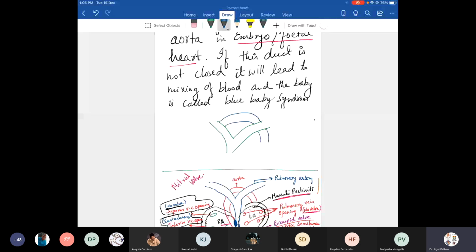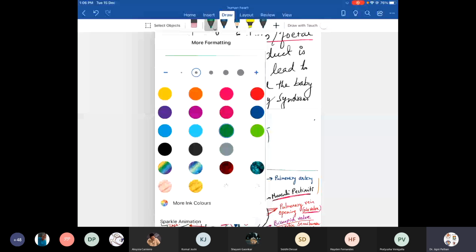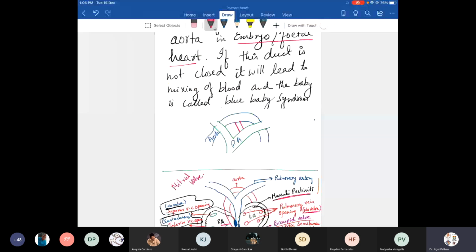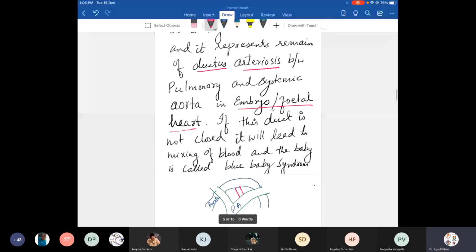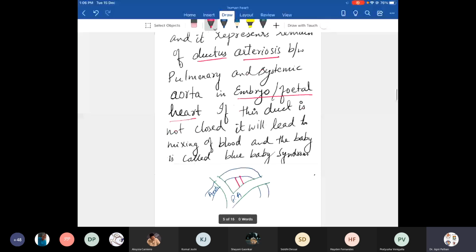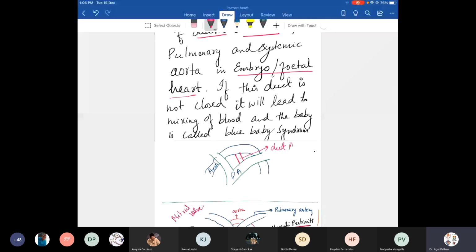Now, this is the pulmonary artery and this is the aorta. What is there between the pulmonary artery and the aorta? There is a duct in the embryonic life. That duct is called ductus arteriosus. Clear? Which is present in the embryo.